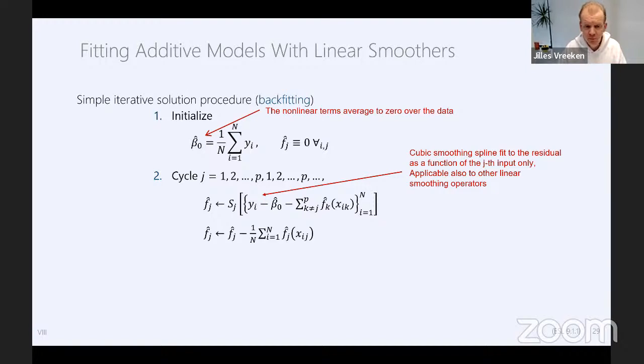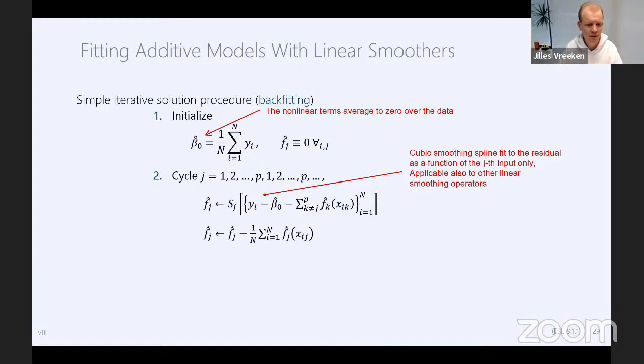So we fit the smoothing spline, but to the jth input only. We ignore all the other features. So if we're looking at j as 1, x2, x3, x4 we completely ignore, so we keep those functions constant, and we only change function 1.